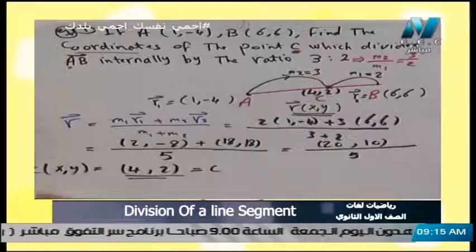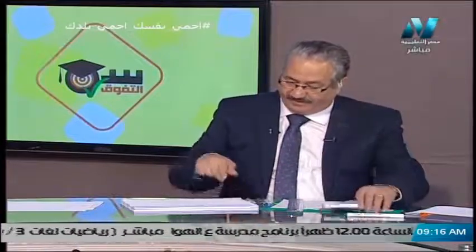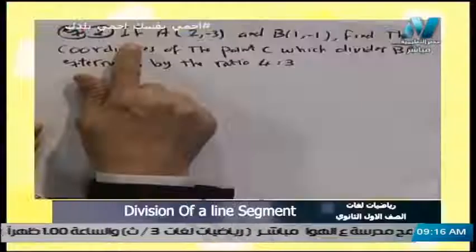Okay, let's move directly to example number 2. We have many examples to understand. We have internal division and external division. We have talked now about the division internally by the example which we studied, and now we will solve another example about external division. We have here an example.